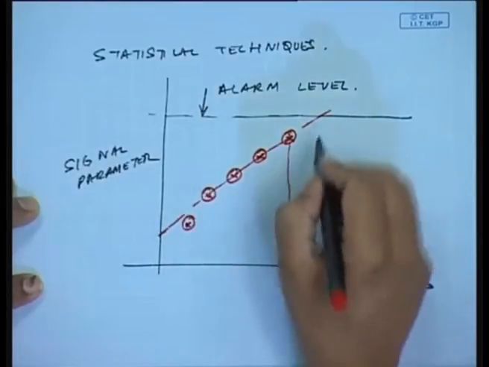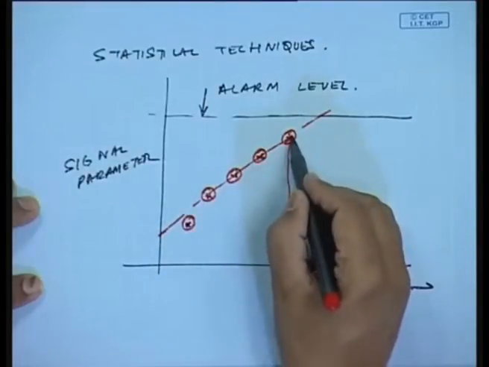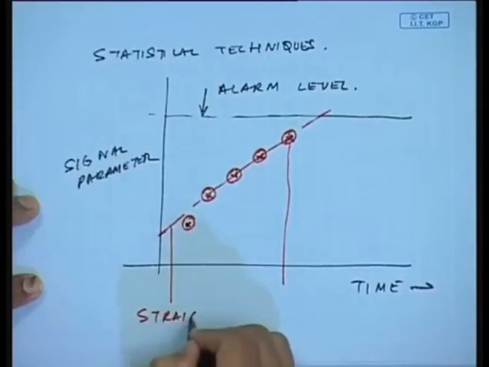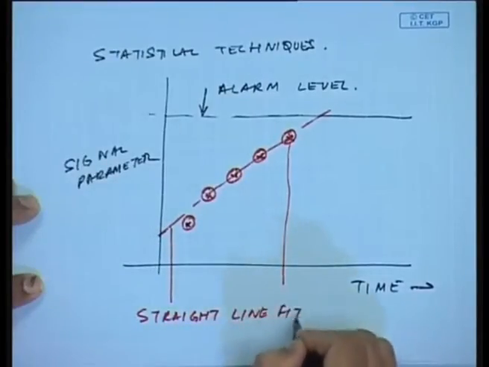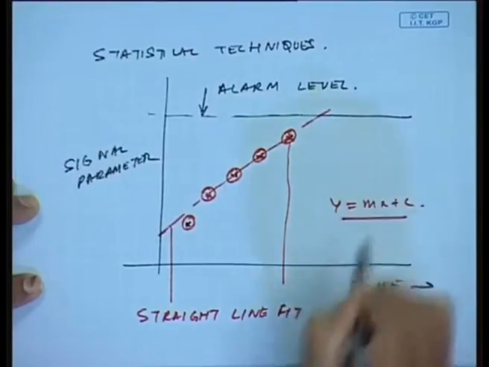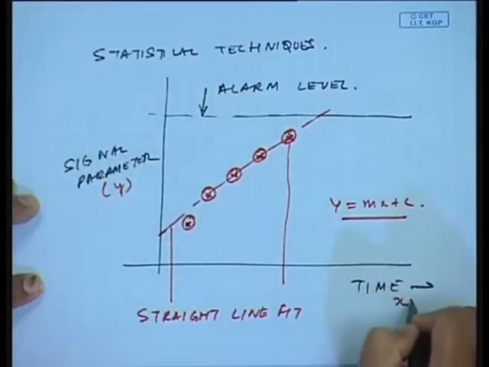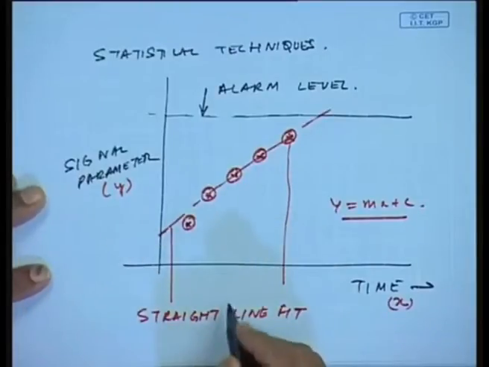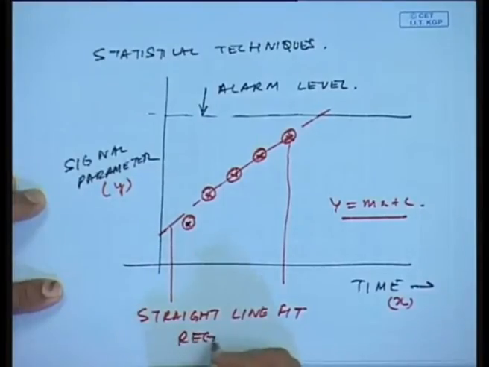Looking at the past data and taking the present data, I could do a straight line fit, where y is equal to mx plus c is the equation to this curve here. This is y and this is x. But this is a single component. I could have multiple coefficients.